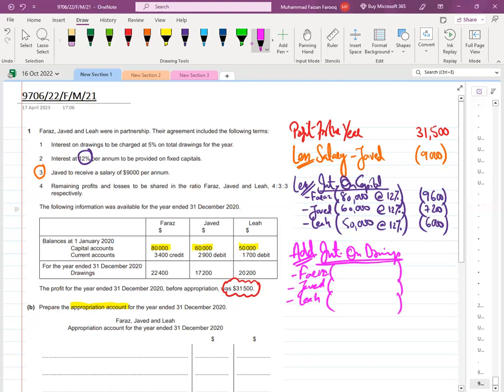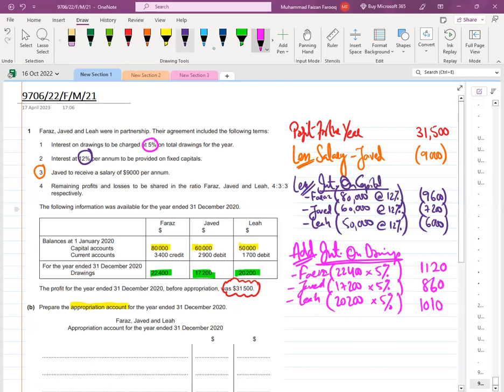This percentage applies to the amount of drawing made by each partner, which is given: 22,400, 17,200, and 20,200. If I apply the percentage, I get answers 1,120, 860, and 1,010.